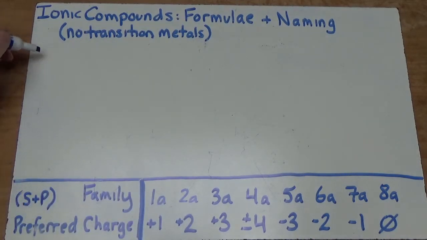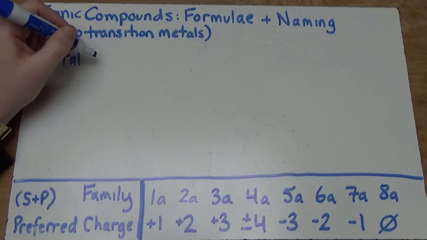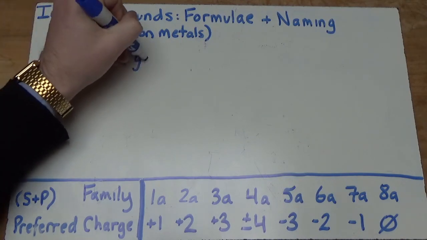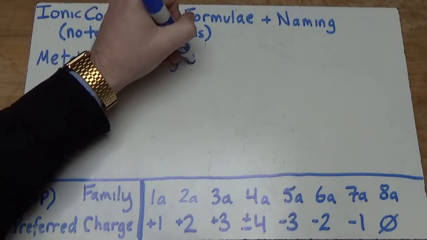Another thing to know is that an ionic compound is always going to include a metal atom giving electrons to a non-metal atom.